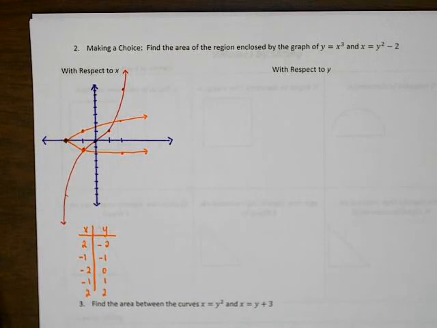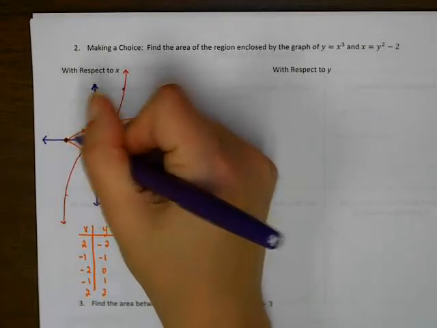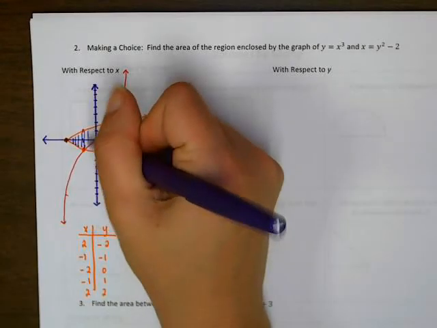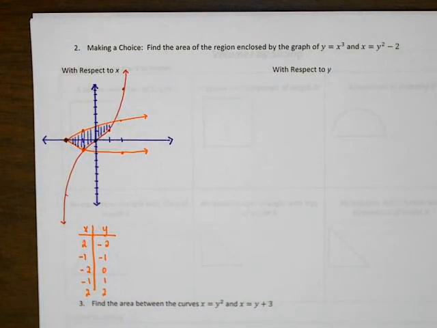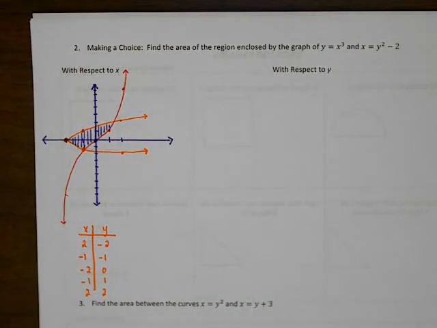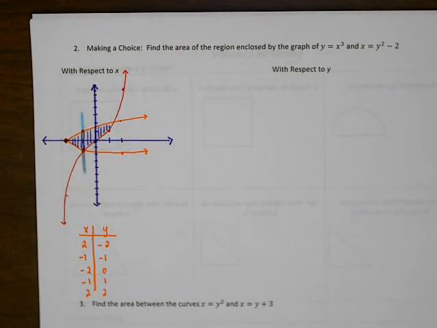Now that means I need to find the area of this region right here. The first time we do this, we're going to do this with respect to x. What you'll notice, however, is that on the left side of this intersection point, the top function is the orange function, and the bottom function is also the orange function.